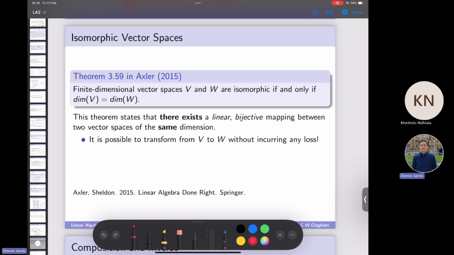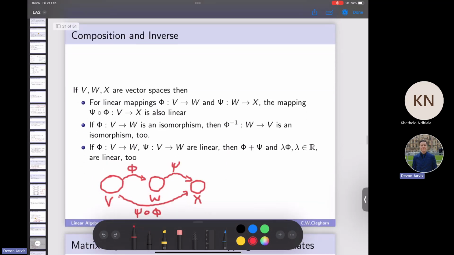This theorem states that if there exists a linear bijective mapping between two vector spaces of the same dimension, then it is possible to transform from V to W without incurring any loss. In linear algebra, incurring loss means that there is a dimension that I cannot represent anymore. I took my box and I squashed it.